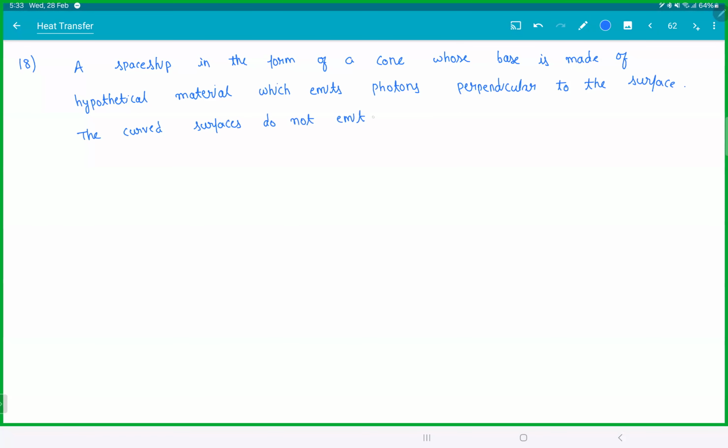So see, this is what happens. So we have a spaceship here where the photons are coming out like this.